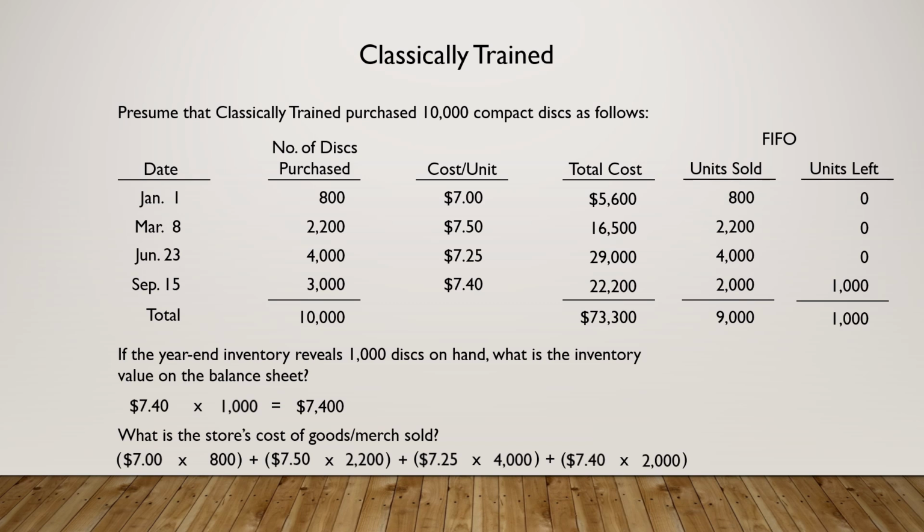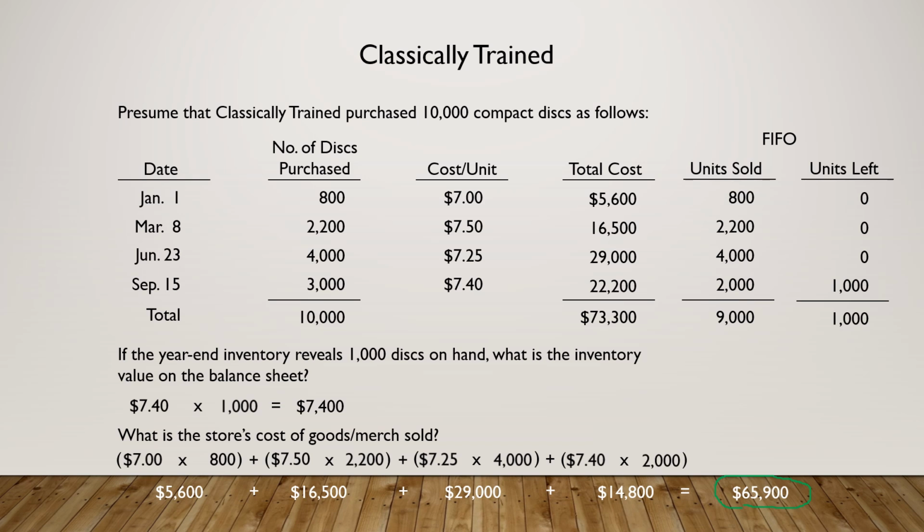If you work out the math for yourself, you should get $5,600 plus $16,500 plus $29,000 plus $14,800. In other words, $65,900. That's our cost of goods sold.